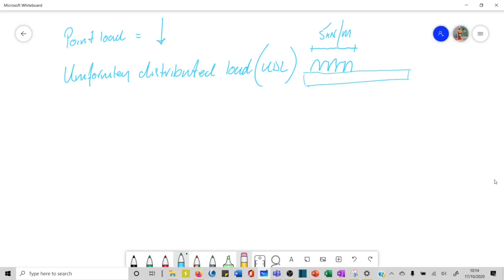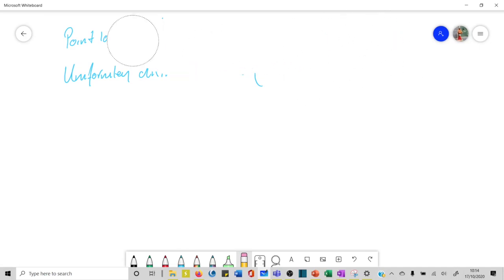Okay, so there's your UDL. You can see that on page 49. And to add something to the measure there, we could say there's a point load as well of 5 kilonewtons. Okay, so those are the symbols that we'll be dealing with in this next exercise.